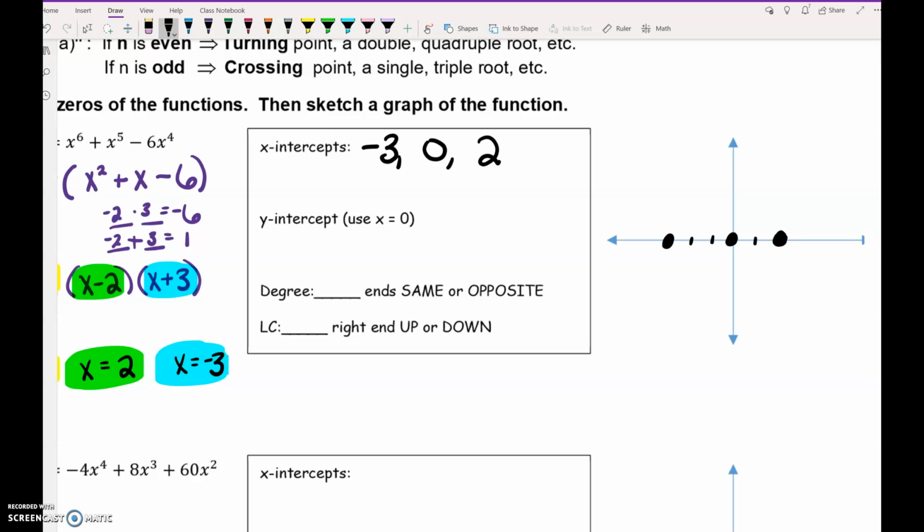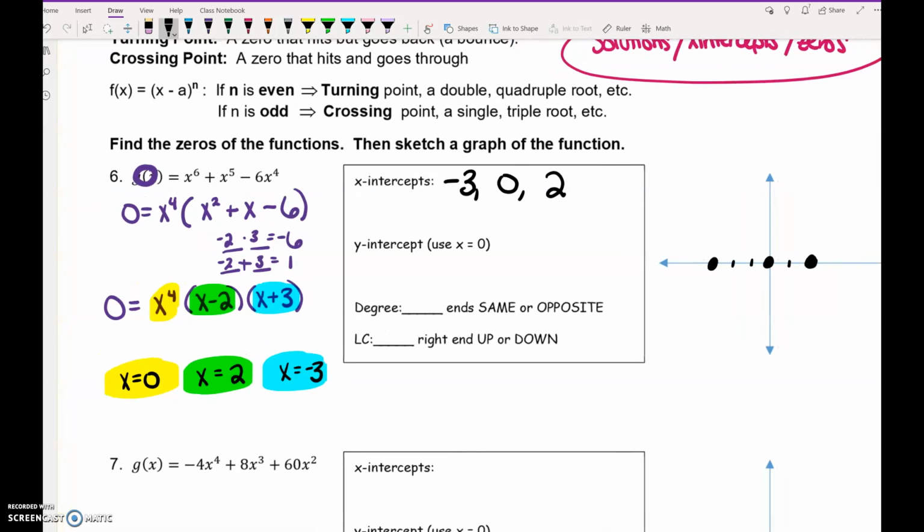This alone would give you a lot of information about which graph was the correct graph. Because you could look at 4 different graphs and say, well, it has to cross the x-axis at -3, at 0, and at 2. Which of these graphs does that? But sometimes multiple graphs will do that, so we need a little bit more information.